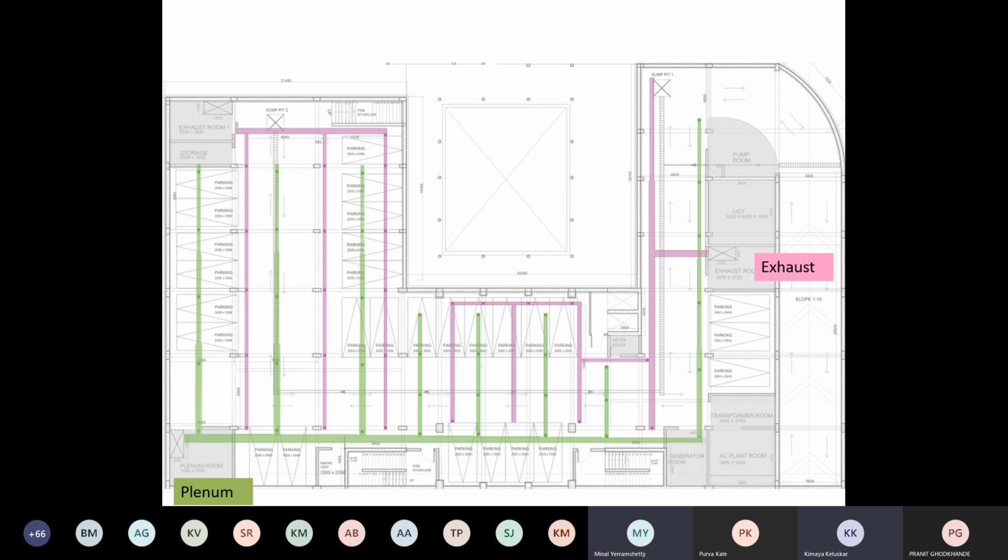Before I go ahead, I'll come back to your cutouts, don't worry, I'm not forgetting it. But since we are on this slide, let me finish this. Do you see the way the lines of the drainage are done? Since this is in the raft slab, the criteria is I should have minimum length, so that I do not have to go deep down and then pump it up again.